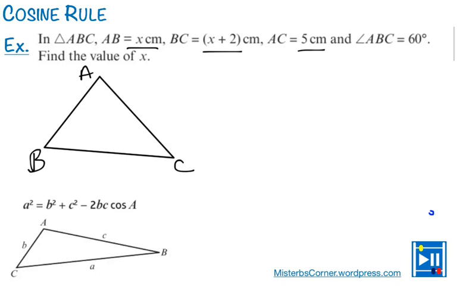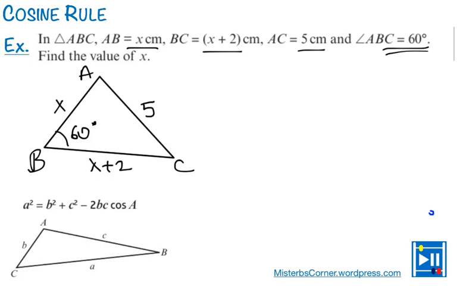So AB is x, BC is x plus 2, and AC is 5. And the angle given here is 60 degrees. It is ABC, so it's this angle we're talking about. This is 60 degrees. Now the question is, find the value of x.